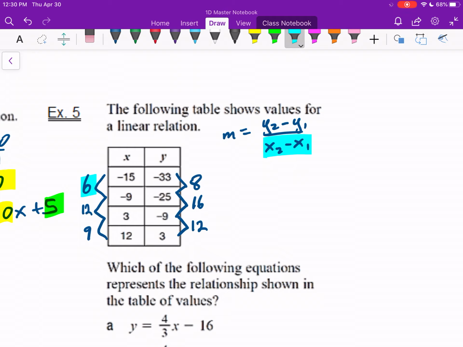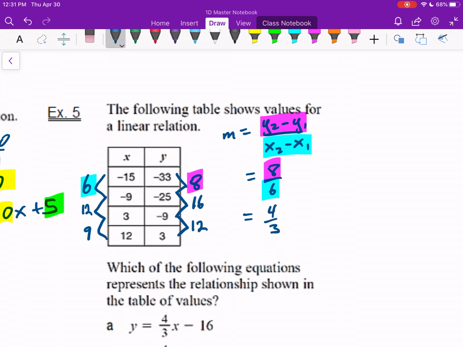And to get my numerator, I'm subtracting the first number from the second number in the y's, which is pretty much exactly how I got the 8. So I could just do 8 over 6. And that reduces to 4 over 3.